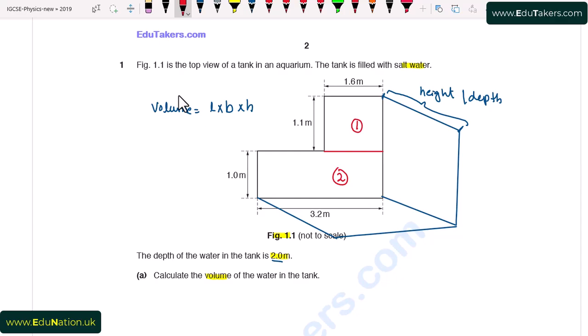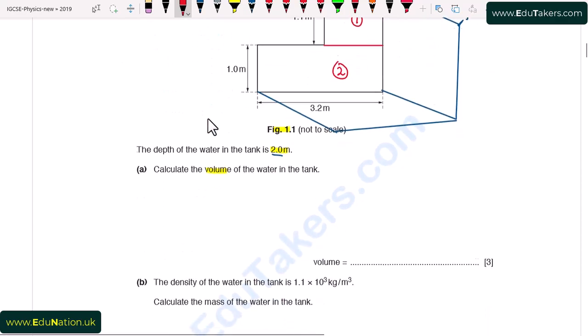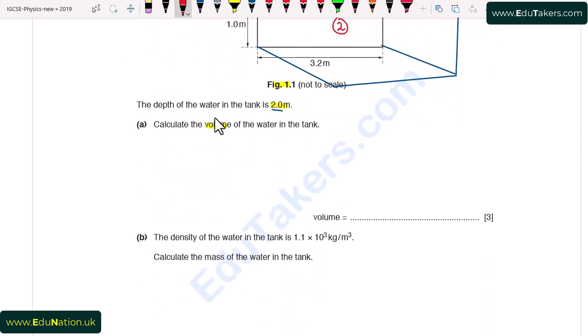So I write here volume V is equal to L1, B1 and H1, all of these multiplied, plus for the second cuboid L2, B2 and H2.